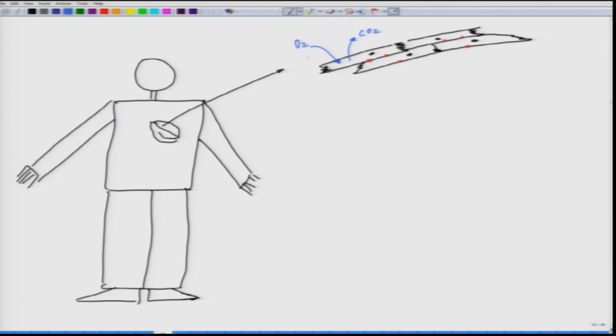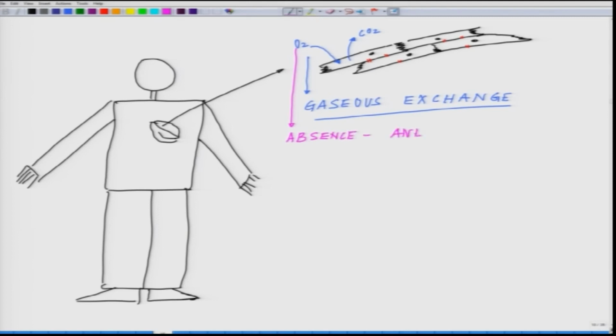They have a mechanism of gaseous exchange inside the system. Very, very first thing you need, because in the absence of oxygen, which is an anaerobic situation, these cells will die.